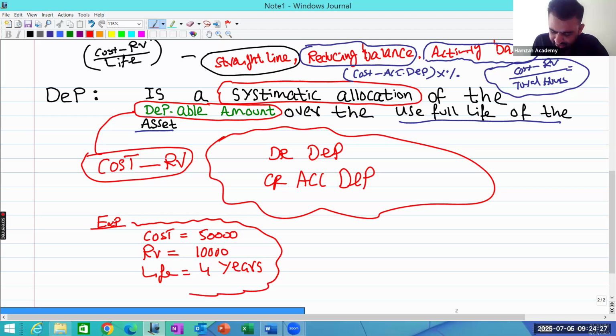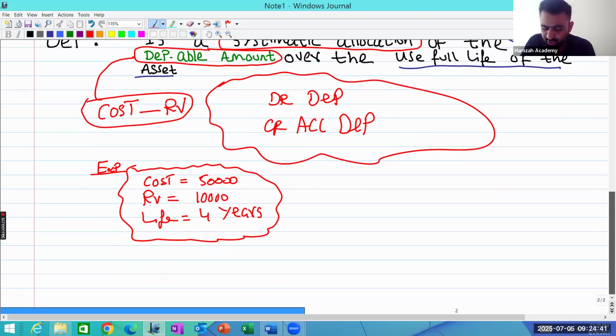Now, if I apply these concepts on this example, straight line and reducing balance, what would be the way to calculate the depreciation?